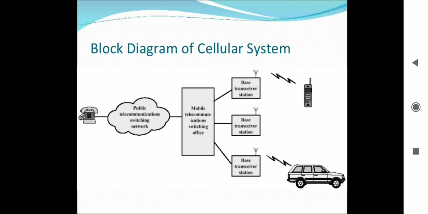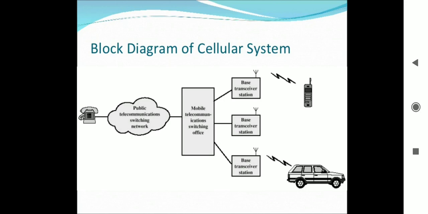So you can design the cell splittings properly. Initial cellular system designs were constrained mainly by the high cost of base stations. For this reason, early cellular systems used a relatively small number of cells to cover an entire city or region.